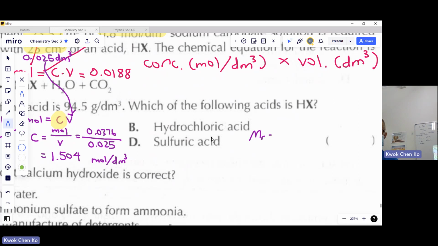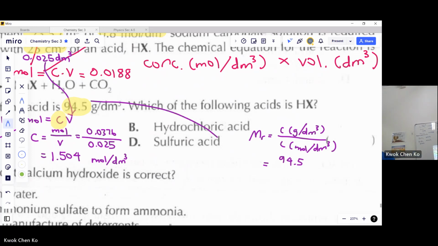MR equals concentration in grams per dm cube over concentration in mole per dm cube. The grams per dm cube is given in your question, 94.5. And the mole per dm cube, you have resolved it: 1.504. So find out what the answer is.